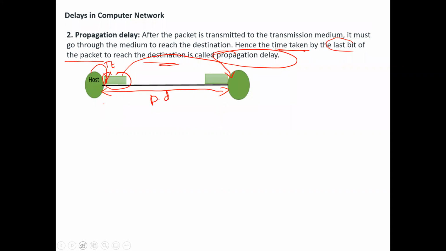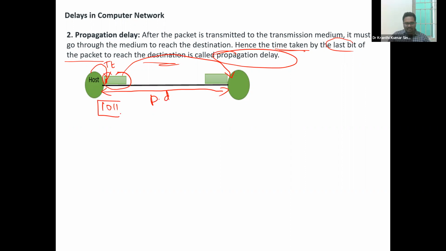For example, if data is 10011, it is transmitted here. Propagation delay is not about how much time it takes for the first bit, the least significant bit. It is how much time to reach the last bit, the MSB. Last bit means the complete packet. That is called propagation delay.